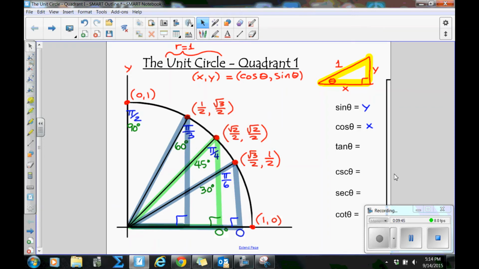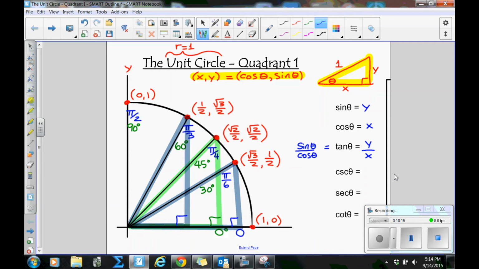So in memorizing the unit circle, we know all the trig values for all of the special angles. Then we can use those two trig values to get the other 4 trig functions. Tangent is opposite over adjacent, which is the same as doing sine of theta divided by cosine of theta, since sine is y and cosine is x.